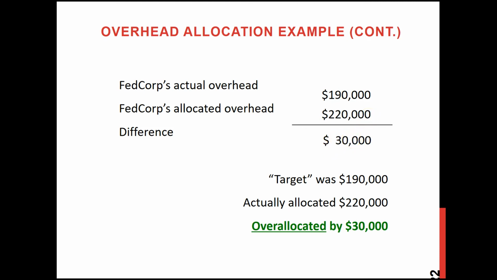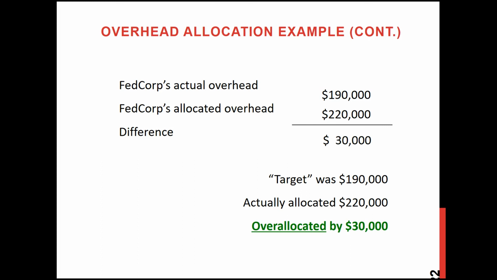That means you can see the allocated amount of overhead cost is higher than the actual amount of overhead cost. Then what does it mean? It means that they actually over allocated, or overestimated, their overhead costs. The situation could also be the other way around.